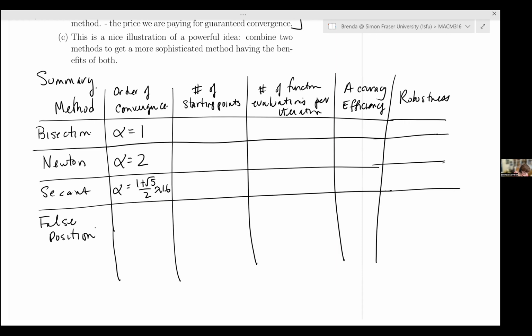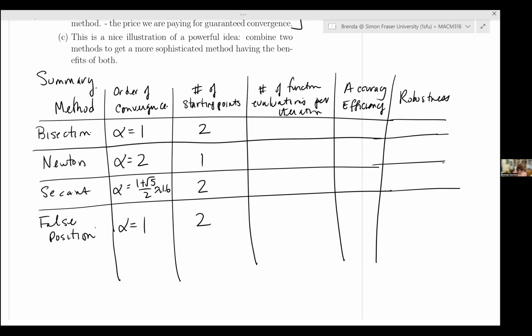And that the false position method is also a linearly converging method. For the bisection, we need 2 points to start. For Newton's method, we need 1 point to start. For the secant method, we need 2, and for false position, we need 2.